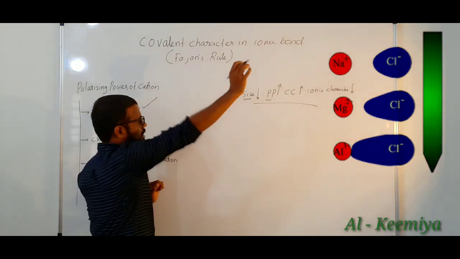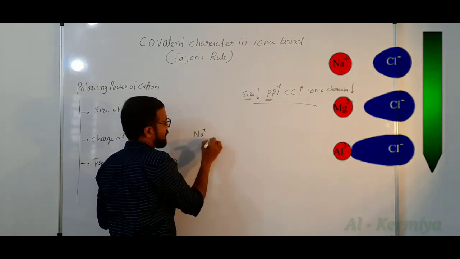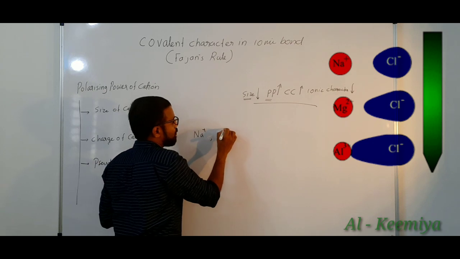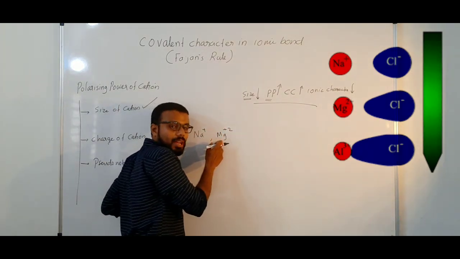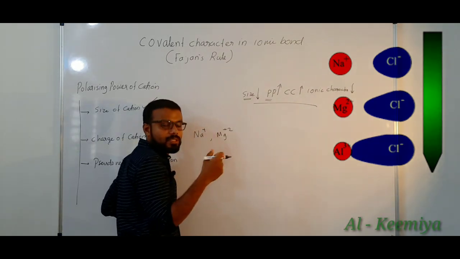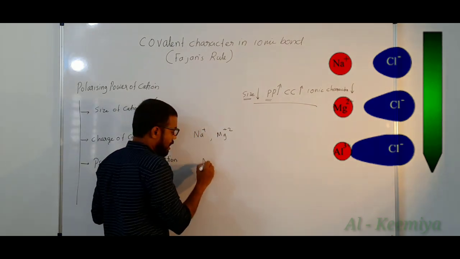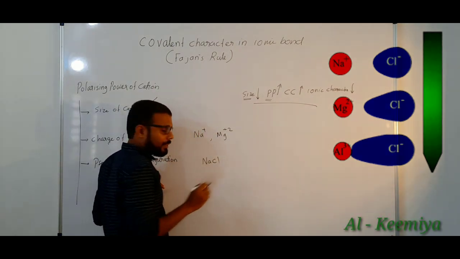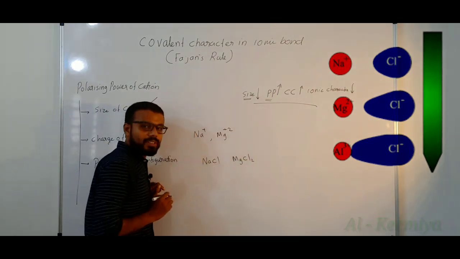For example, we have Na+ and Mg2+. Which one has the higher charge? Magnesium has the higher charge. So higher the charge, higher the polarizing power, higher will be the covalent character. If we take NaCl as well as MgCl2, which will be more covalent?